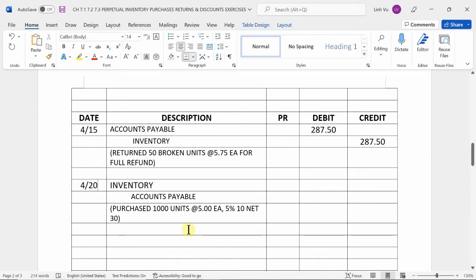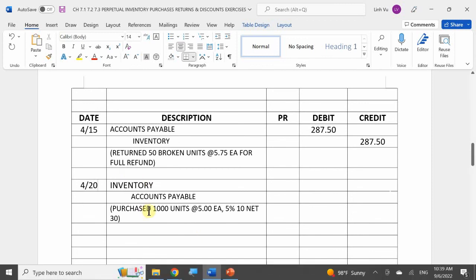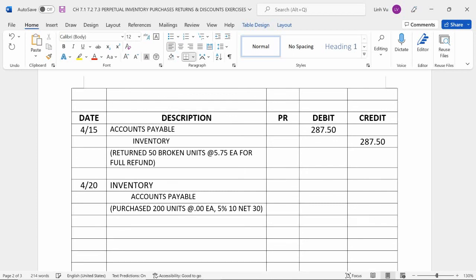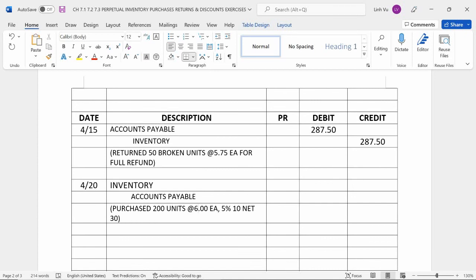So if I purchased 200 units at $6 each with a freight of 20, what is my grand total amount here? $1,220. Good.